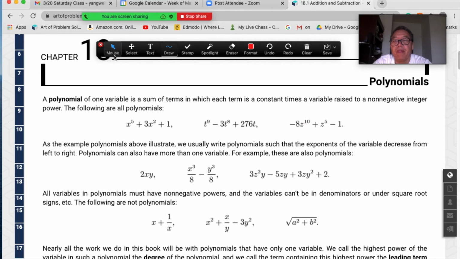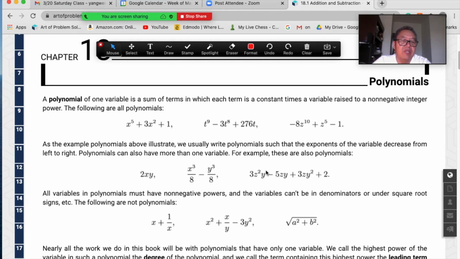Okay? Now, if you have two variables, like this one, you need to add the degree of each variable in one term together, then compare which one is the highest. See here, z squared, the degree of z is 2.